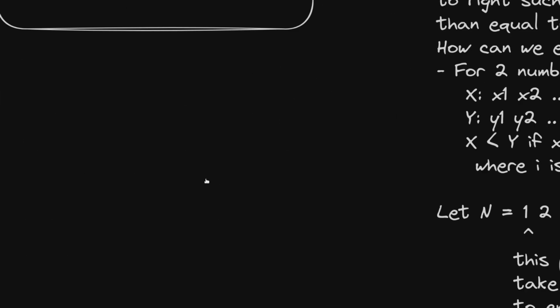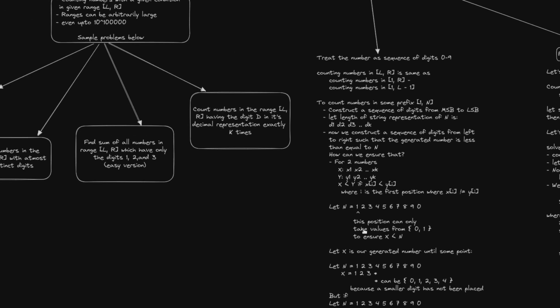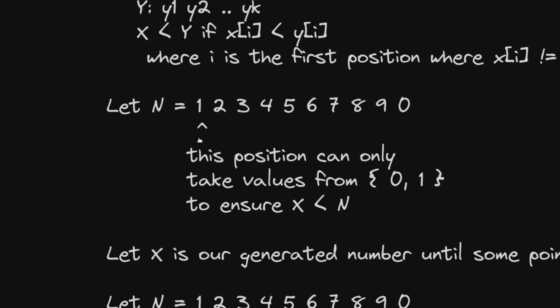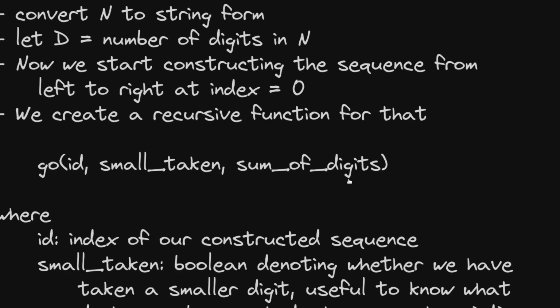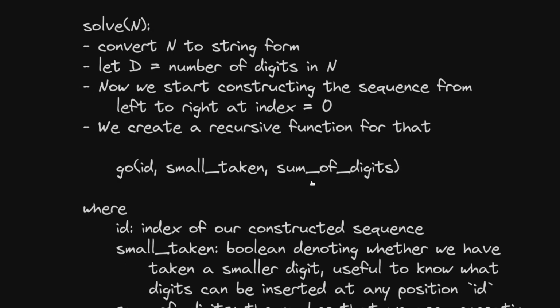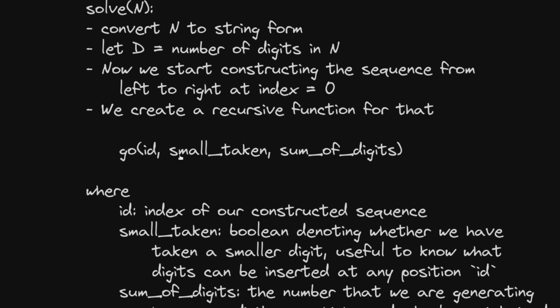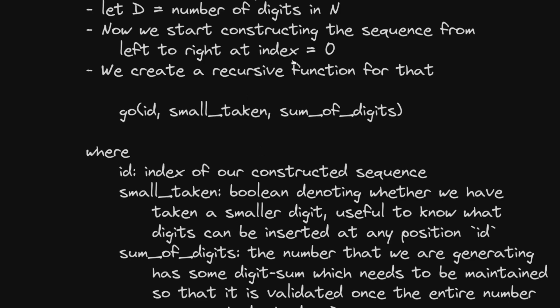As we saw earlier, we start at index 0 and we put all possible digits which are valid at that position and move to the next position, and so on recursively. So let's say we are storing our answer. This function is returning the answer that we want if we start at index 0. So let's say go is the function which is going to calculate.